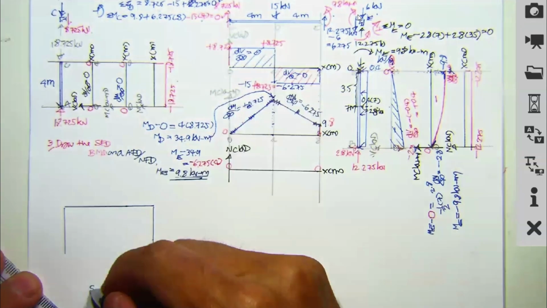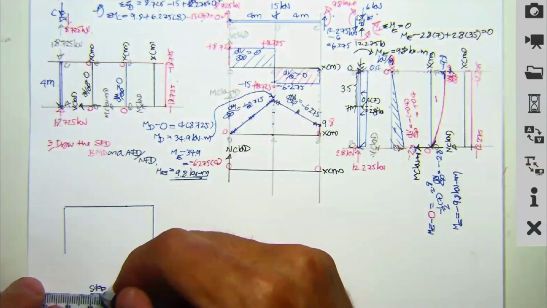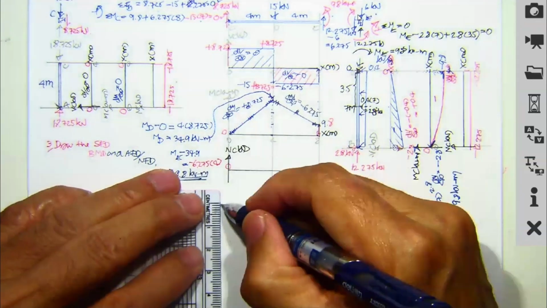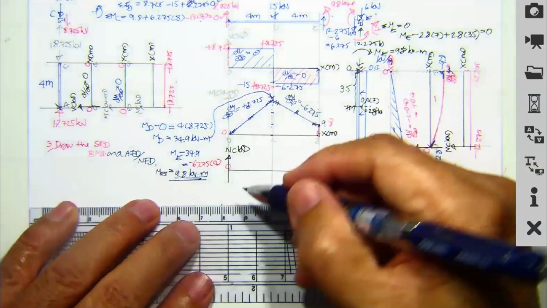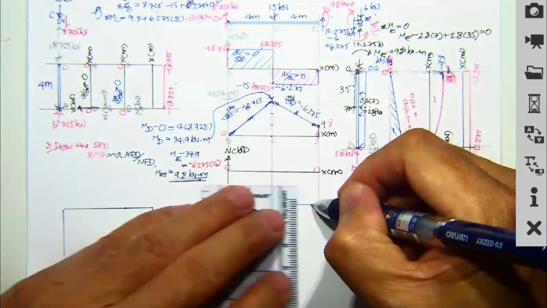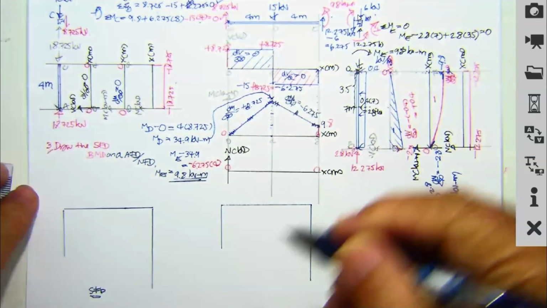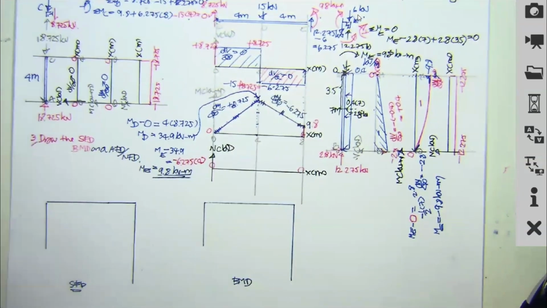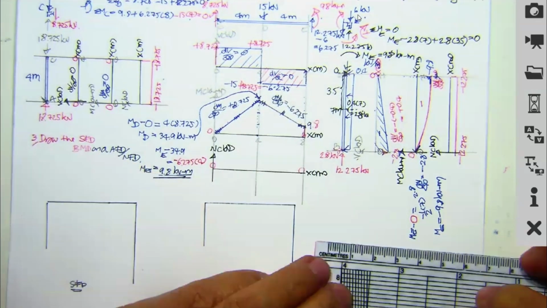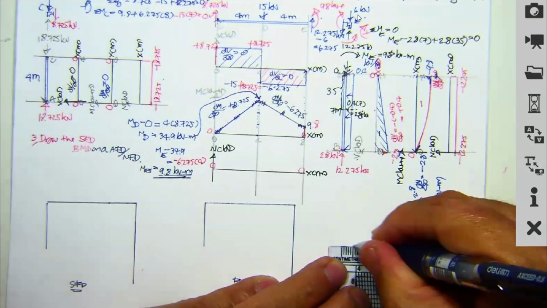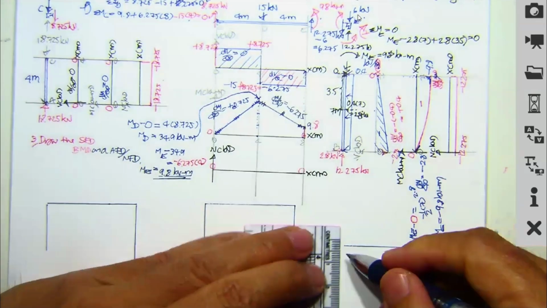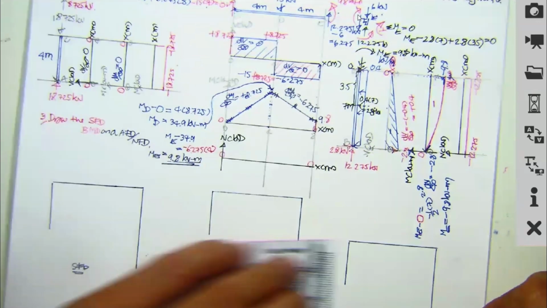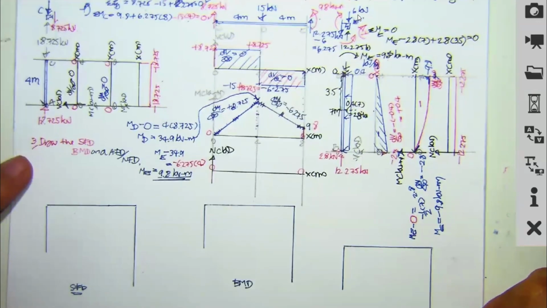It's going to be the shear force diagram, and then the same over here. We may draw again for the bending moment diagram. This is the bending moment diagram. And then the last one, you may draw it over here, and 2 meter here and 3.5. Okay, then copy what we have.